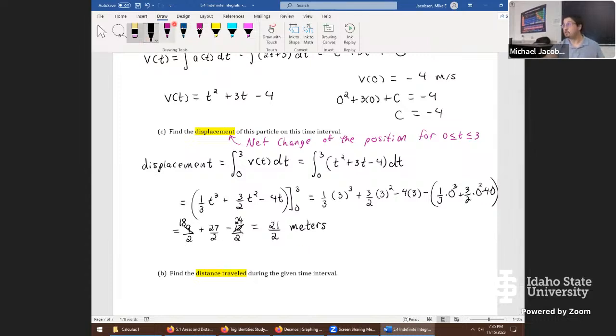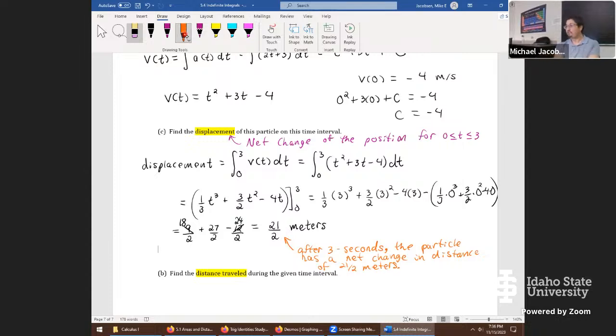Displacement is 21/2 meters, which means, for just an interpretation on this one, after 3 seconds, the particle has a net change in distance of 21/2 meters altogether.